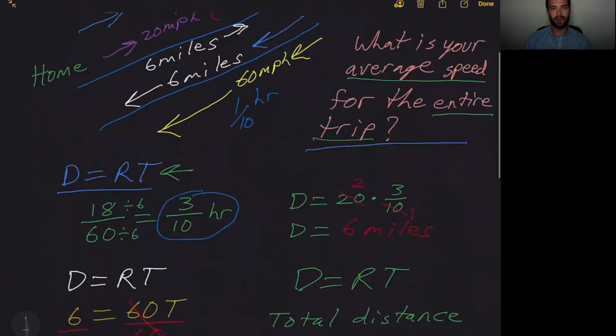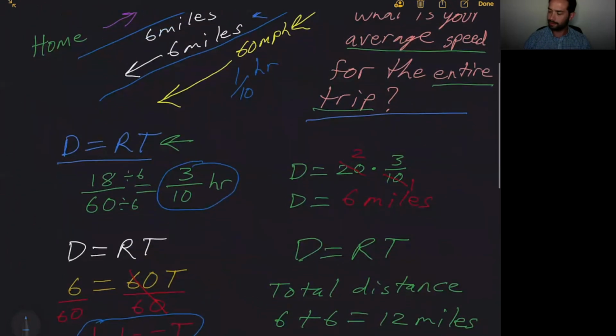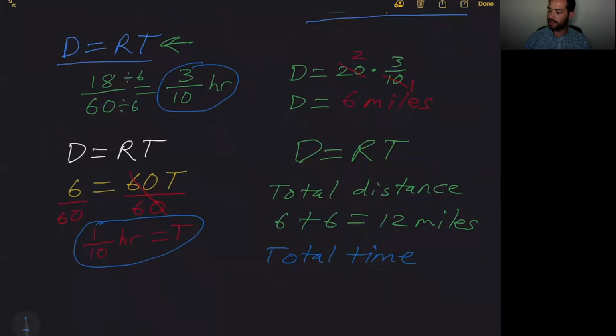Okay, so here's what we're gonna do. We are going to take the 1/10 of an hour plus the 3/10 of an hour, and we're lucky they have the same denominator, so we don't have to find the same denominator because we're adding fractions, because we're already in luck. They're already the same denominator. So that is 4/10 of an hour, and there's our total time.